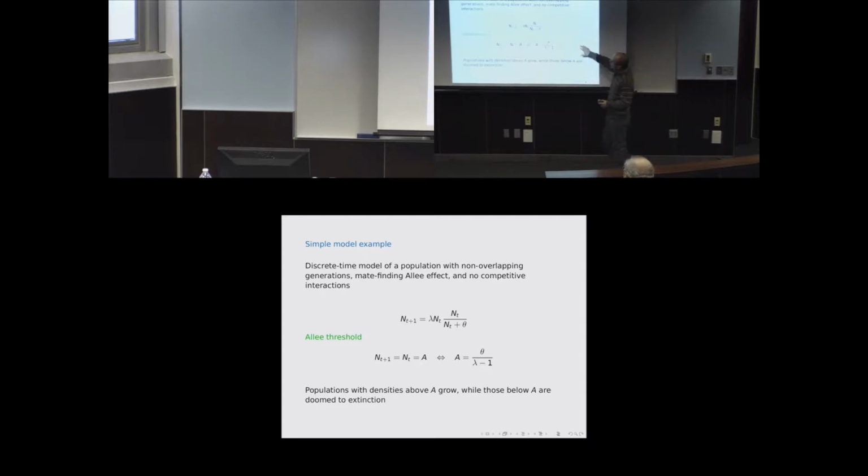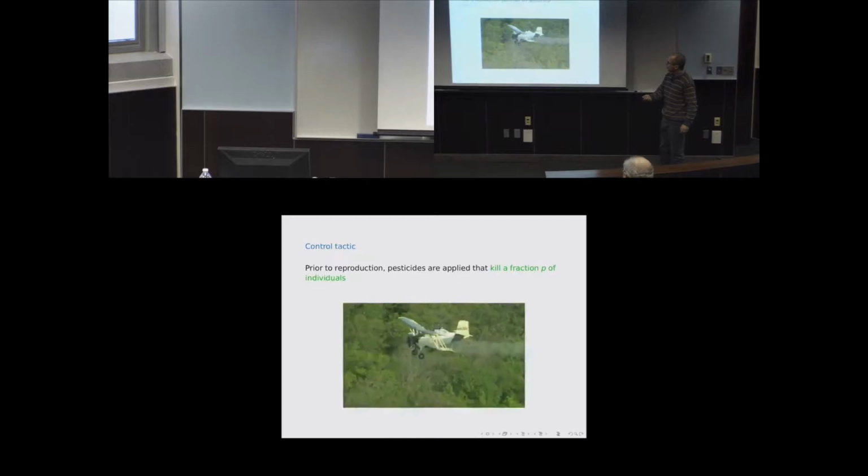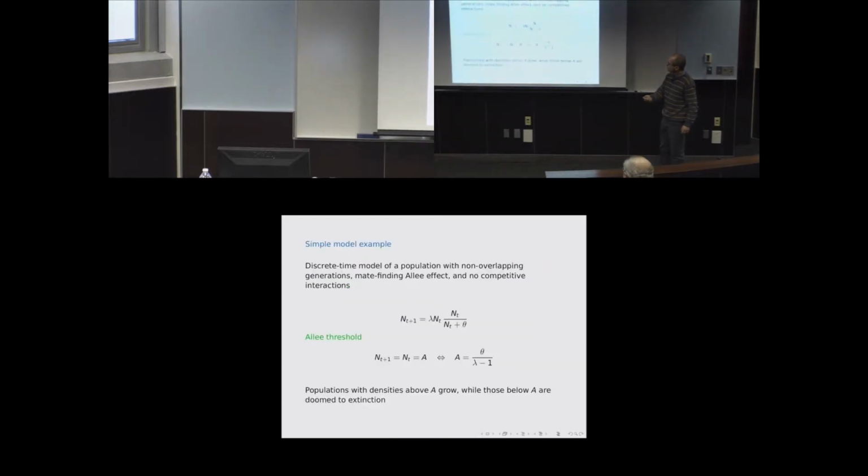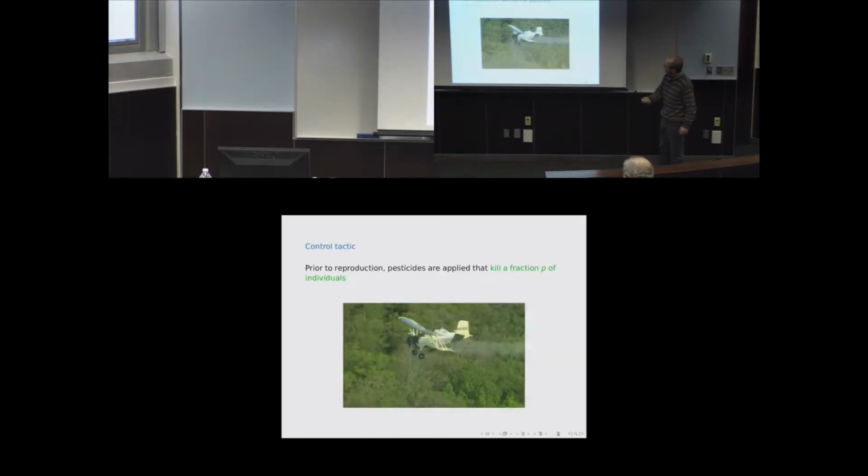So we have this as a baseline situation, and we would like now to exploit this. Our aim is to use some control tactic to eradicate this population.